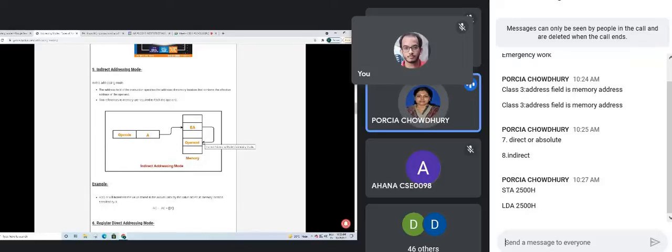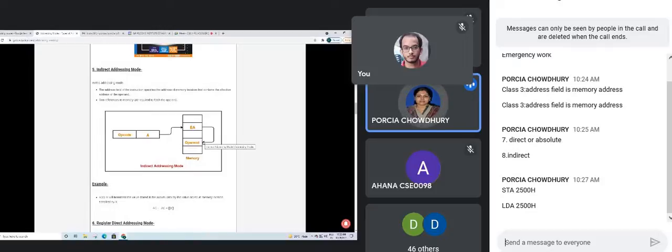So in registered indirect addressing mode, you have to refer to memory once. What will be the example? ADD R. In register R there will be one memory location. You have to go to that memory location to fetch the operand, and that operand will be added with the value of the accumulator. That is registered indirect addressing mode.